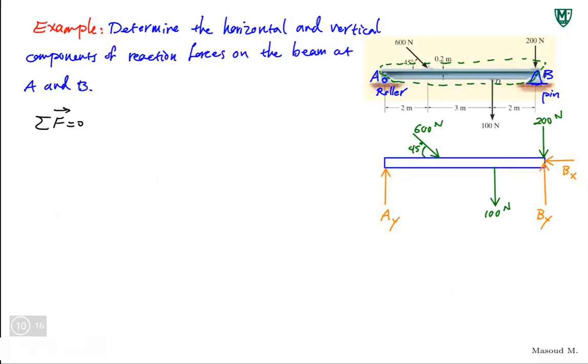All right. So in X direction, they should be 0. In Y direction, they should be 0. I'm taking this as positive and taking this as positive. Let's see what we get there. What are the components of X? What do we have?